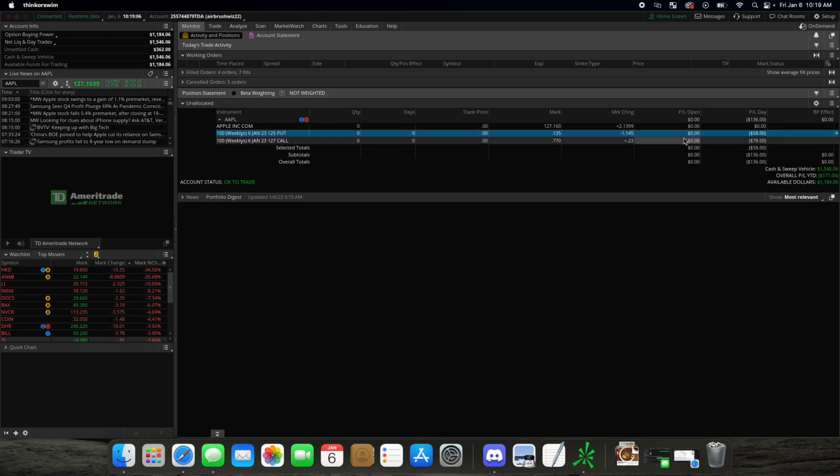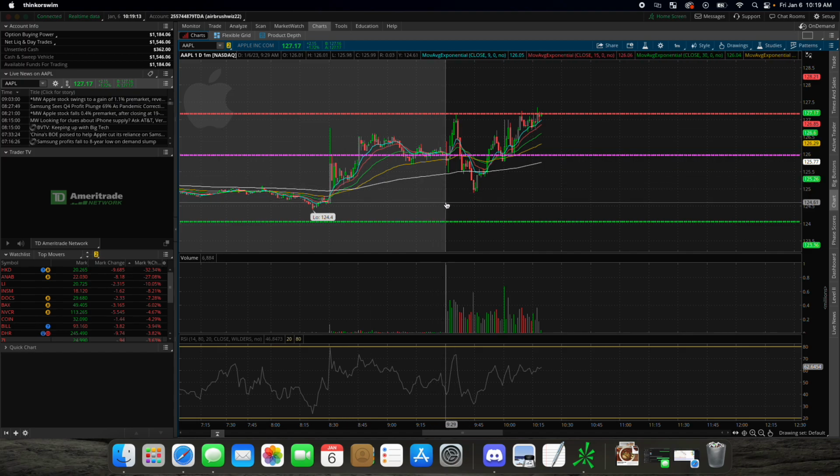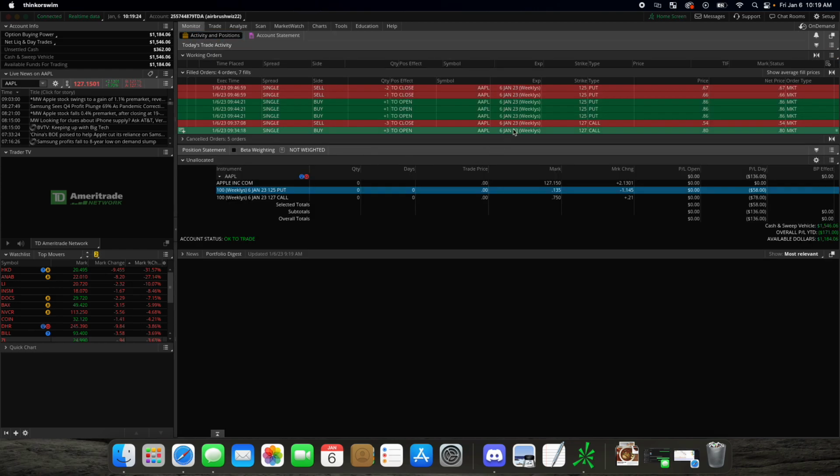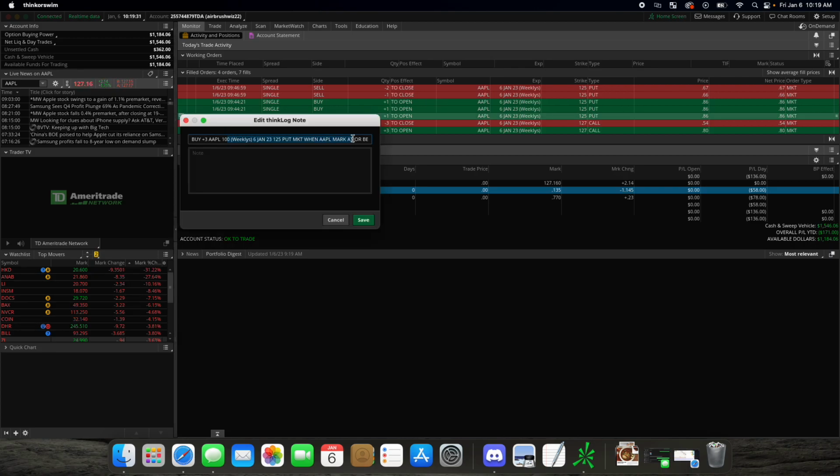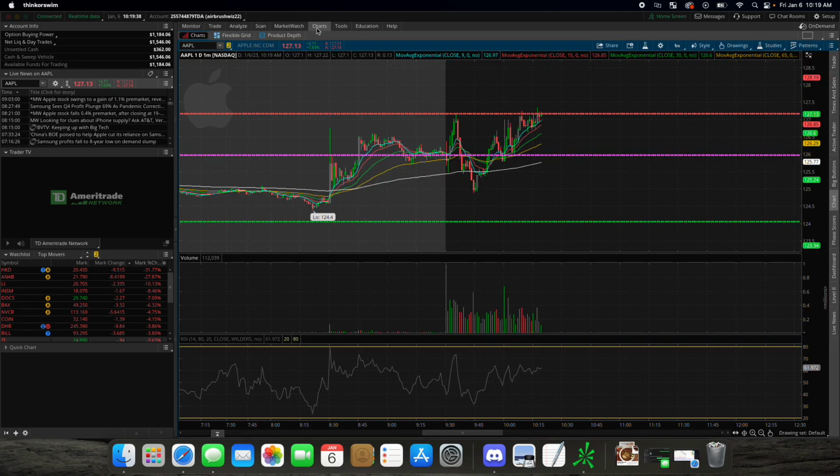And this next trade here is actually having a trail stop. So this was a put that I played. I did exactly that, the 125. What did I have it on? Let's see. It was a purchase at or below 125, right? So I didn't do 125.10, I just did 125.